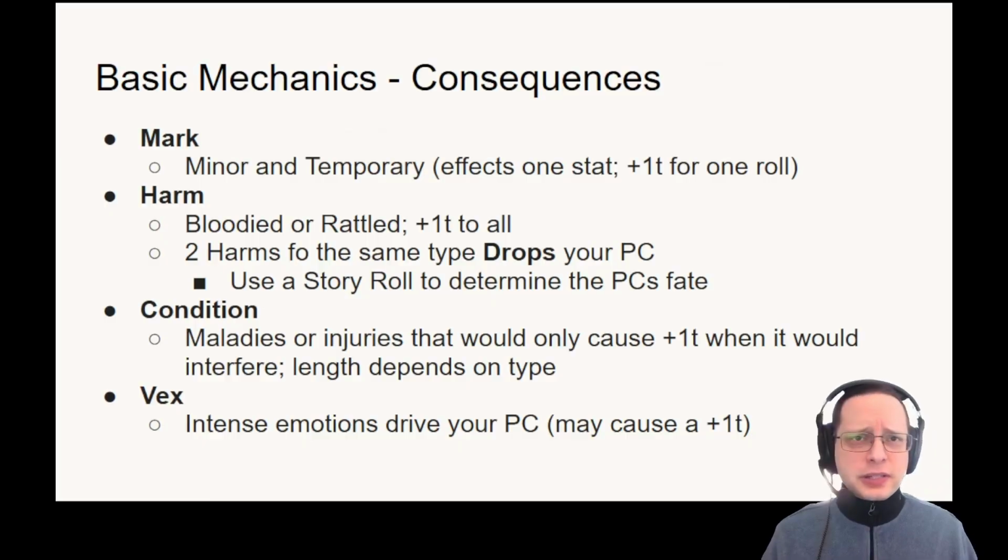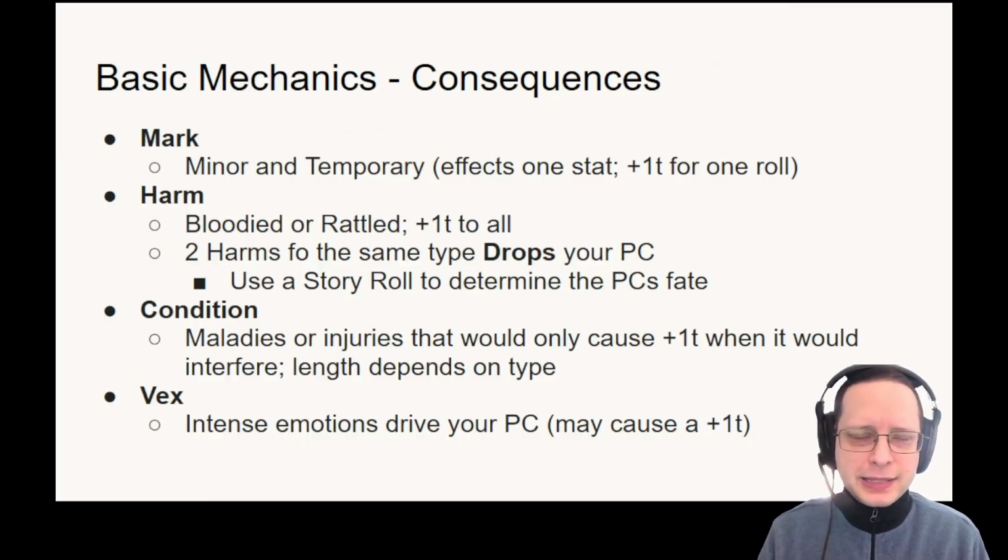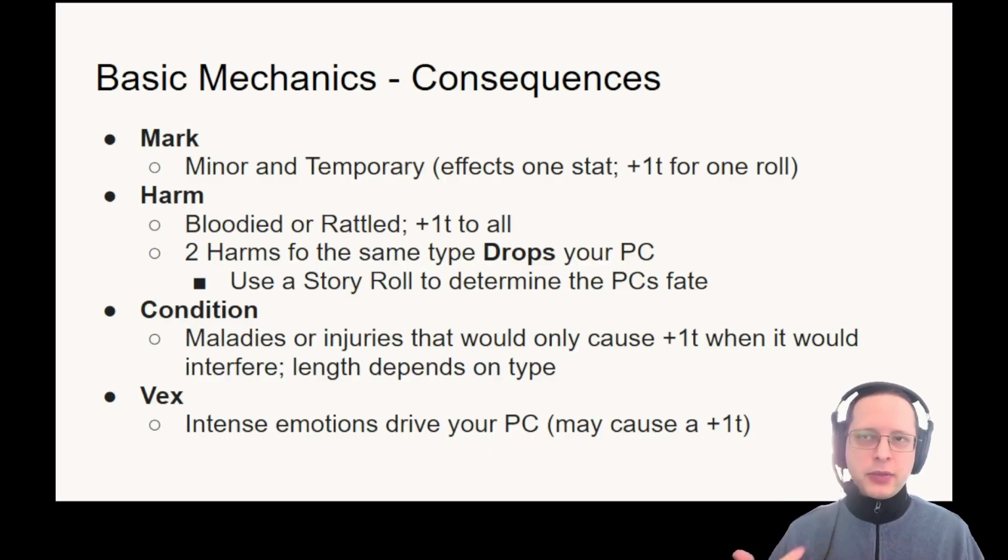Now, of course, all of this talk about rolling dice, we of course need to think about the consequences of your actions. This Moxie system has a sort of layer of different types of consequences that could potentially be impacting your character.